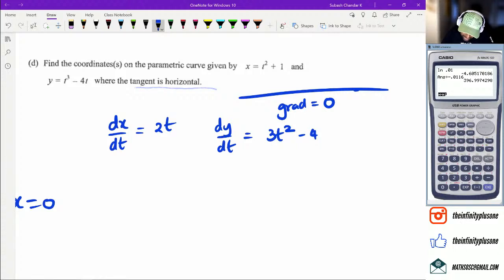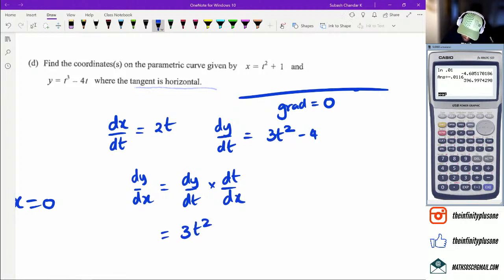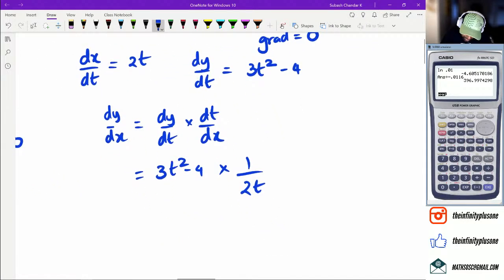So once we have this, then we can write down dy dx equals dy dt multiplied by dt dx, which gives us 3t squared minus 4 times 1 over 2t. So we could rewrite this as 3t squared minus 4 over 2t.